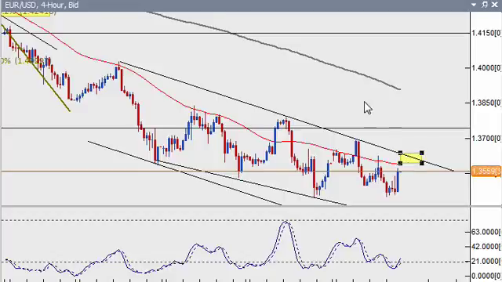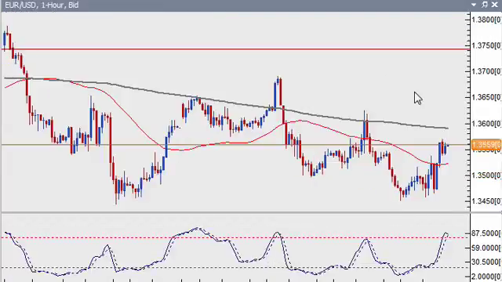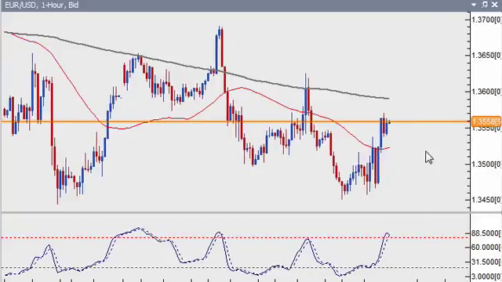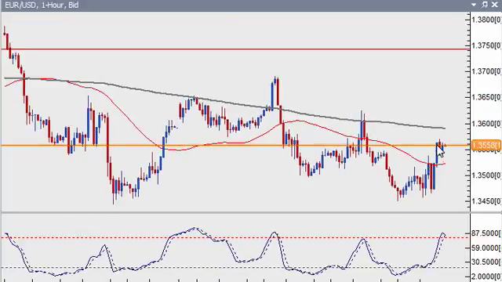The market is still bearish, so we keep our bearish outlook. And looking at the 1-hour time frame, we see that the stochastic is overbought. We may see maybe another attempt, but we're going to be testing declining resistance very soon.